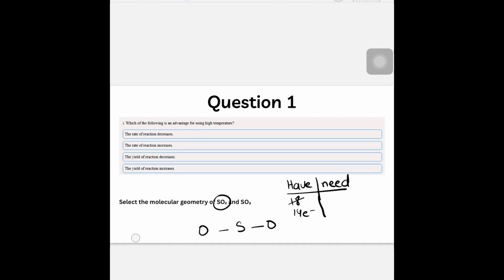Now for the need part, I have to check how many electrons each atom needs to satisfy the octet. This oxygen needs 6, this sulfur needs 4, and this oxygen needs 6, so I need 16 electrons to achieve the octet. However, I only have 14. And in the case where the have is less than the need, then you have to draw another covalent bond between the atoms.